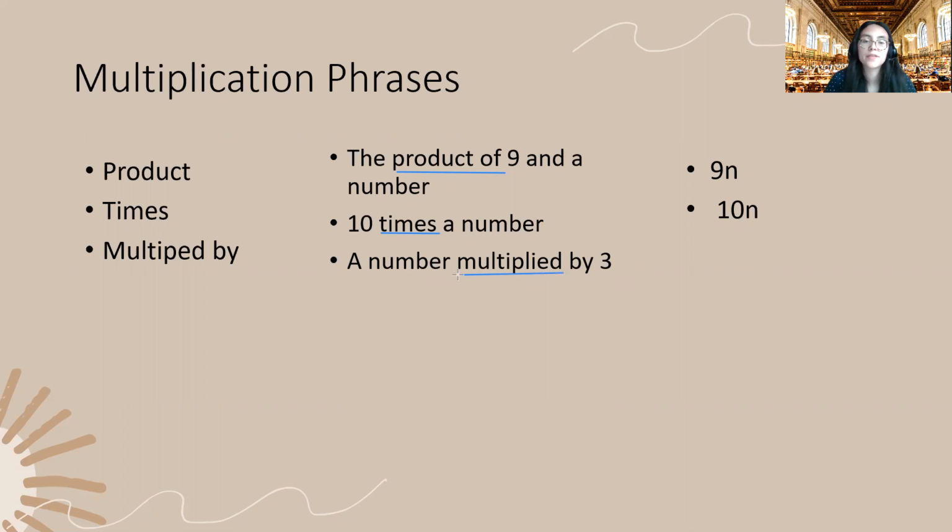So our number could be a variable. Multiplied tells me that it's multiplication, and how much we're multiplying by, they told us is 3. So this would look like 3 times n. So again, do you notice anything about order? Does order matter in multiplication? We just discussed that, and we said that no, order does not matter in multiplication.